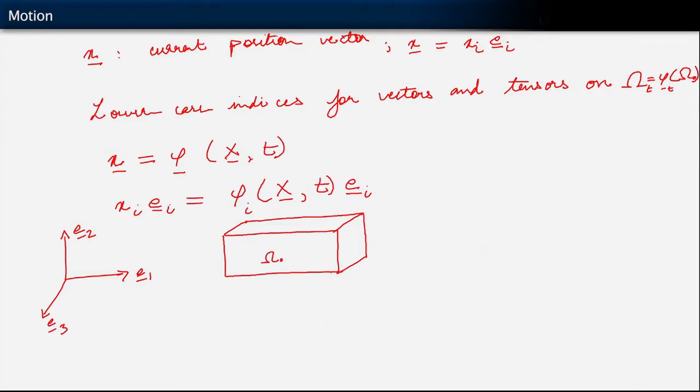That edge is aligned with E1, so the horizontal edge is aligned with E1, the vertical edge is aligned with E2. That edge is the one that is aligned with E3. So this is omega naught, and what I want is that the body should be deformed into something that I will take great pains to draw.